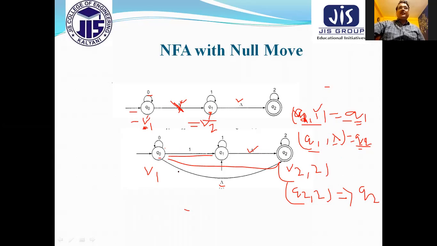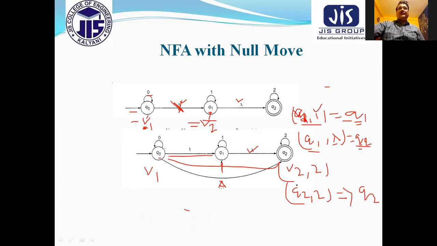After that, step number 4 is that if Q0 is the initial state, make this also an initial state. So that is the error there. If V2 is a final state, make this one also a final state. But here I can see Q1 is not a final state, so it is not required to make this one a final state. Okay, so this process is applicable here also.